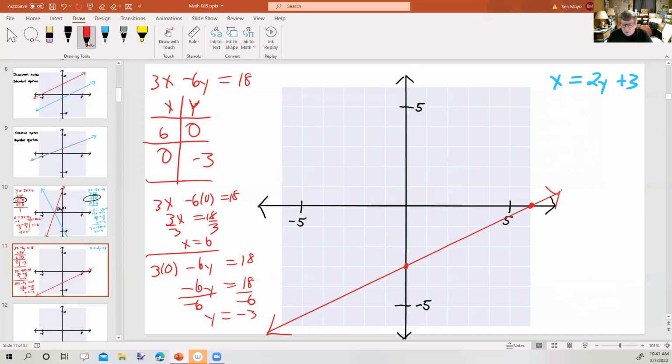While I'm thinking of it, to do these problems in WebAssign, all it asks for is the solution. It doesn't give you a graph and ask you to graph on it. So you'll need to get some graph paper, and you have a couple of options. One, you can go to one of the local stores and purchase a pad of graph paper, or you can go online and just Google graph paper. There are various websites. Some of them have the graph paper you can print off. Some of them even have the X and Y axes already on them.